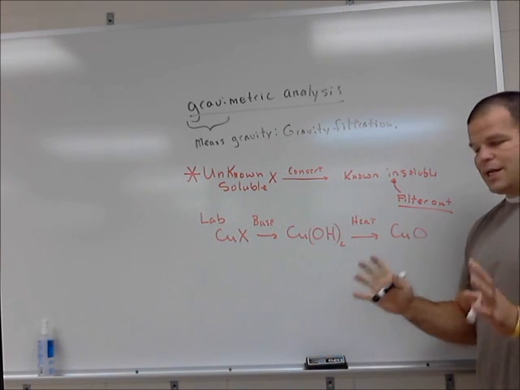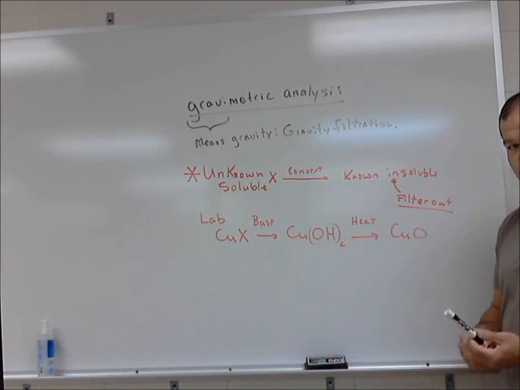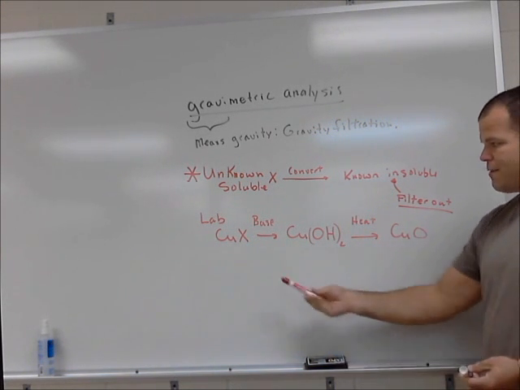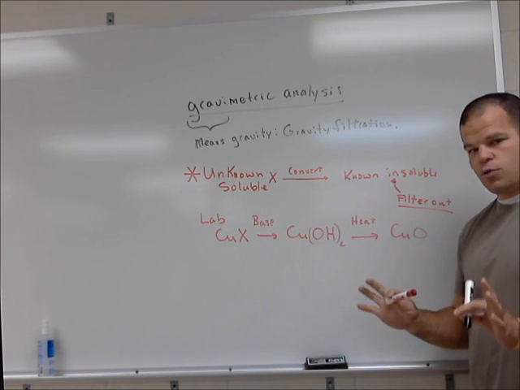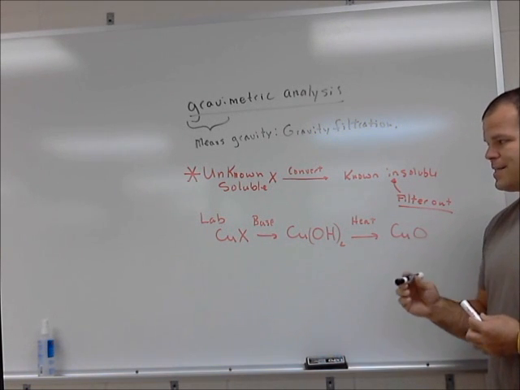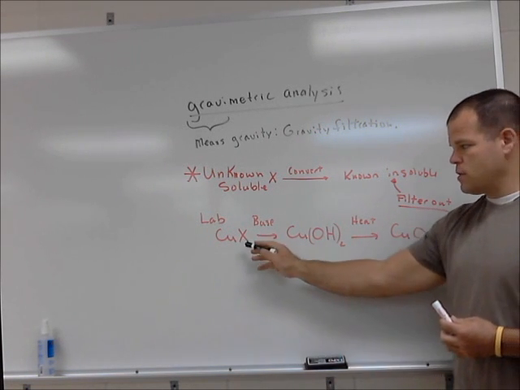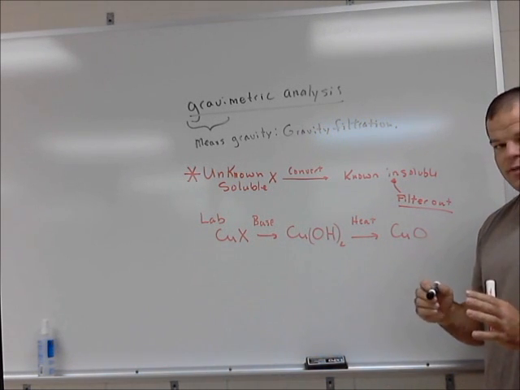Now, as far as conservation of mass is concerned, our overall goal for this lab is to identify the unknown compound. Okay, so conservation of mass is important here. What we're going to use to identify this compound is the percentage mass copper of this unknown compound. So to figure that out, we need two pieces of information.